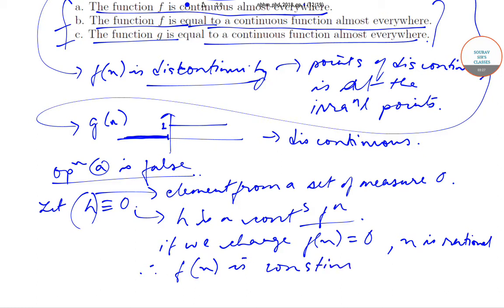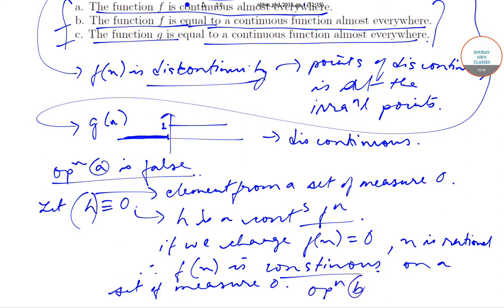So on a set of measure 0, f(x) is continuous. Therefore option B is correct, it is true.